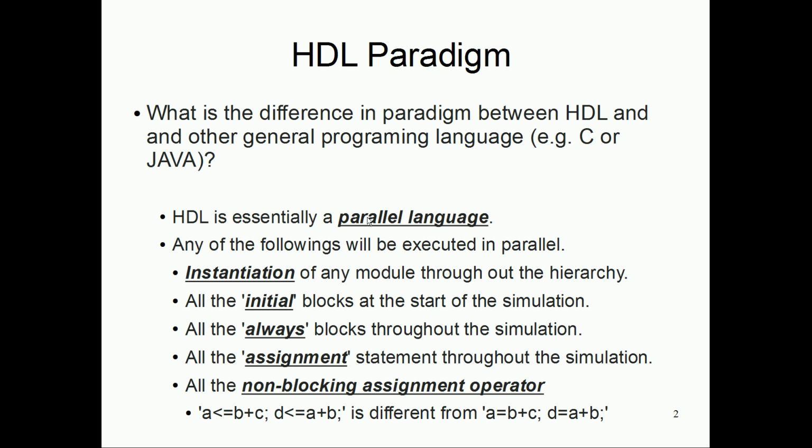Instead, if we write A equals B plus C and D equals A plus B in Verilog, they will be executed in sequence. So the evaluation of D equals A plus B is blocked by A equals B plus C for the blocking assignment operator. But if we use non-blocking, these two assignments will be executed in parallel.